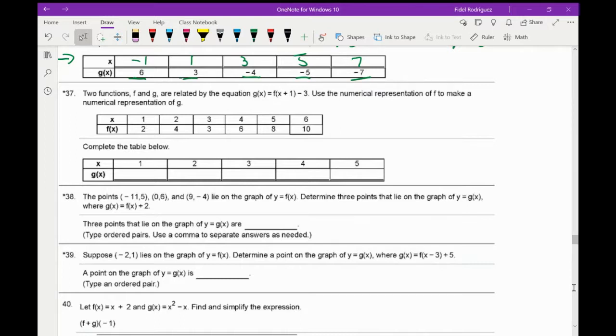Okay, so take a look here. It says two functions f and g are related by the equation g of x equals f of x plus 1 minus 3. Use the numerical representation of f to make a numerical representation of g. Okay, so first thing we're going to do here is look at this piece right here.